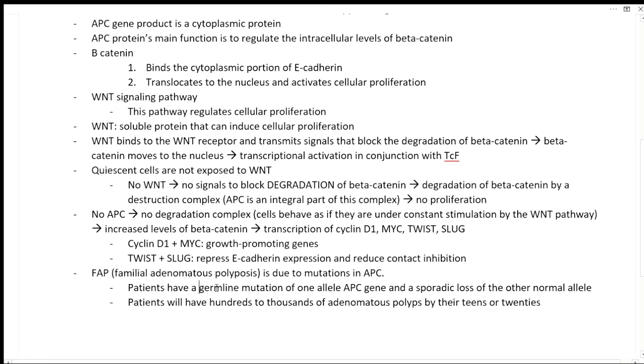Patients will have a germline mutation of one allele and then end up having a sporadic loss of the other normal allele. By the time they're in their teens or 20s, they're going to have hundreds to thousands of adenomatous polyps. Eventually, these polyps will undergo malignant transformation and become cancer.